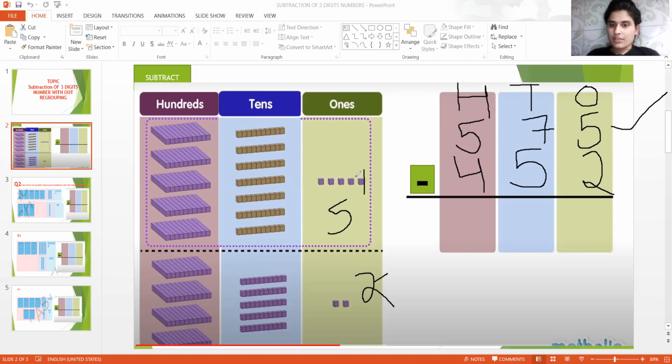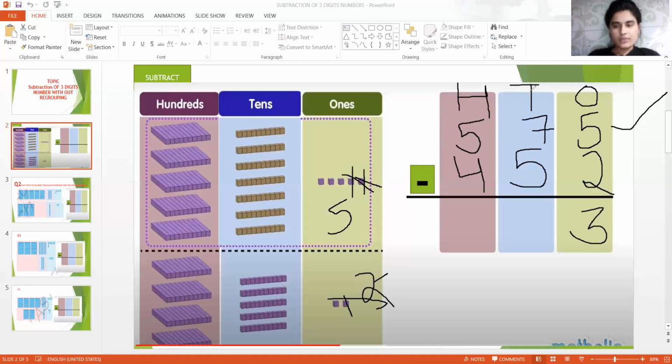I'm cutting one once from here and one more. Now, how many ones are left? If I subtract these ones from here, how many ones? 1, 2, 3. So 3 ones left.